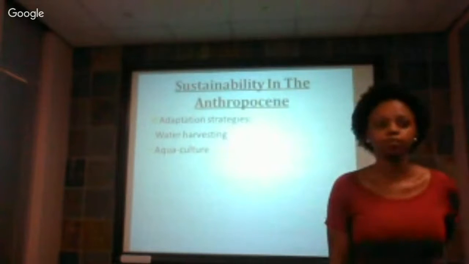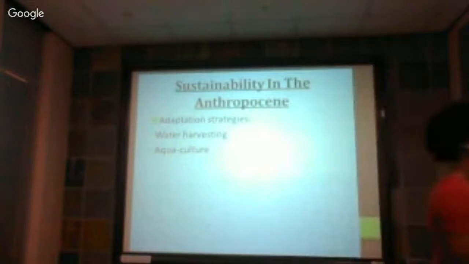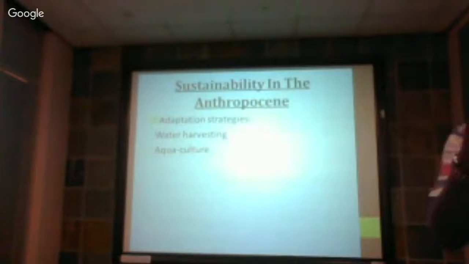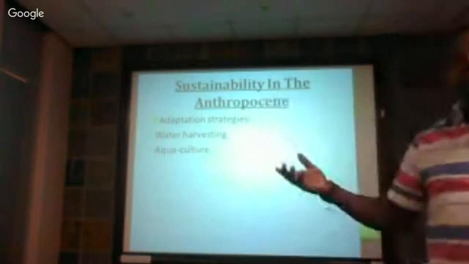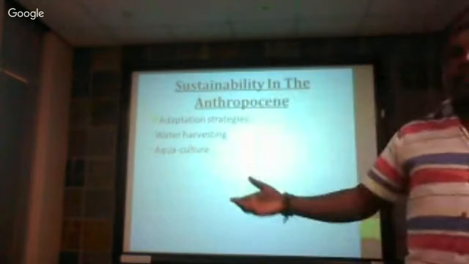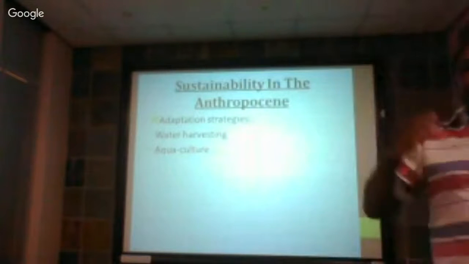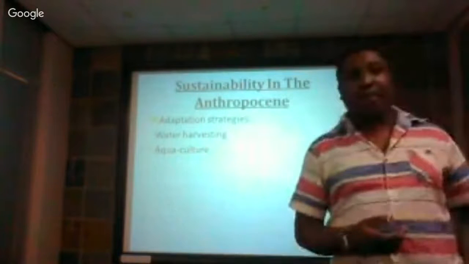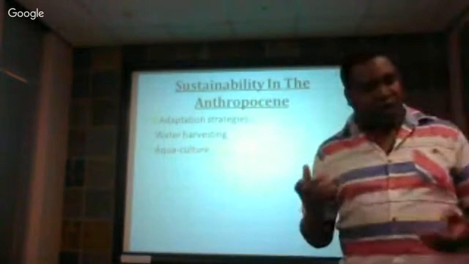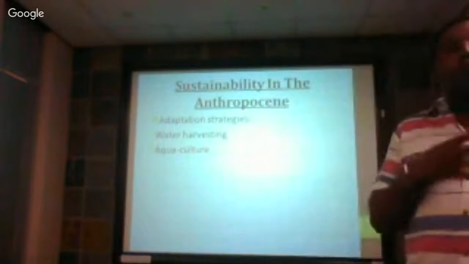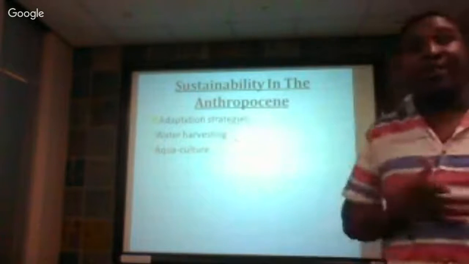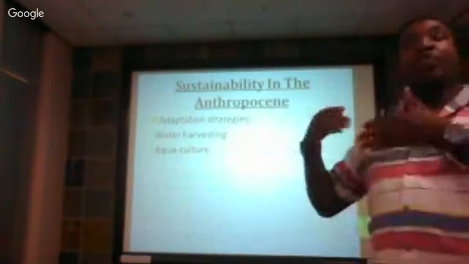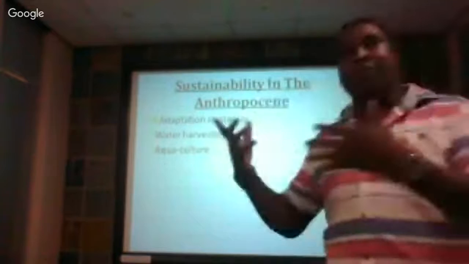Okay, thank you. Adaptation strategies for climate change can help us to have a sustainable way of life. Since climate change is affecting people time and again, and she gave you the impact, I'm trying to give you some of the things that we can do for people to keep on living on our planet Earth, or to have sustainable livelihoods.